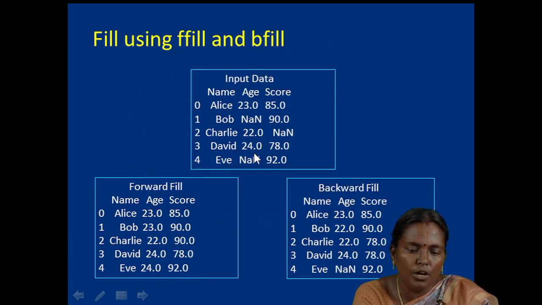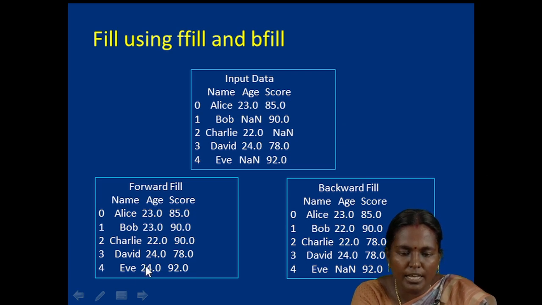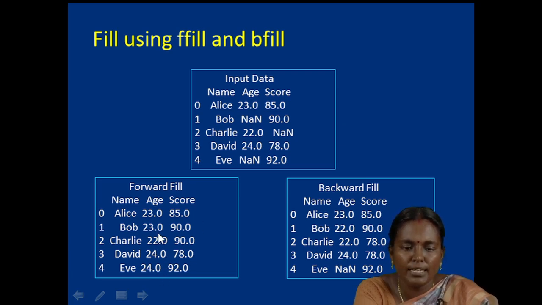Here, using the forward fill mechanism, Bob gets the value from Alice and Eve gets the value from David. So it applies the forward fill mechanism to fill these missing values.